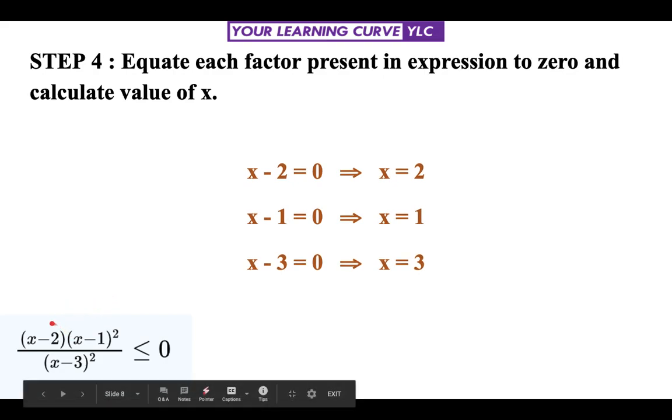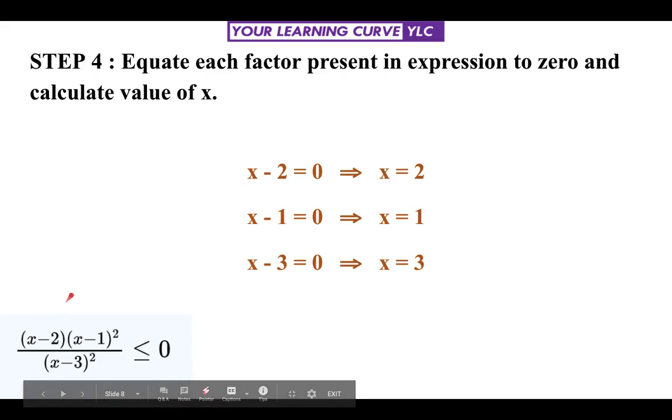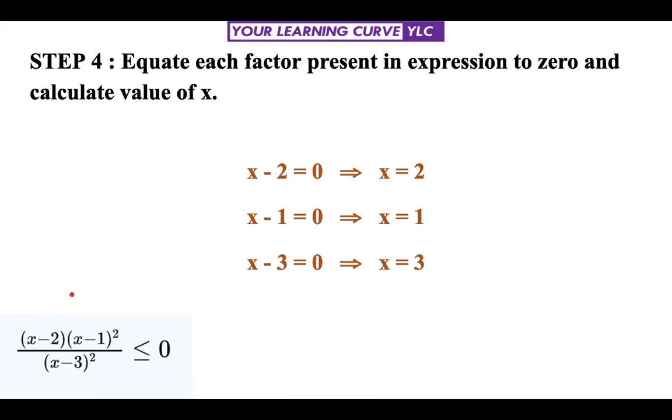This is important because the point where x minus 2 becomes 0 will be the point where it will change its sign. If we put x greater than 2, this will be a positive number. If we put x less than 2, this will be a negative number. So what we do, we equate each factor to 0 and calculate the value of x, so that we get the value of x for which the particular factor becomes 0.